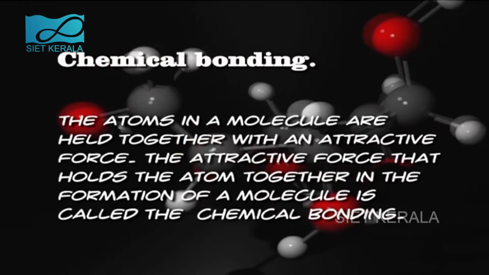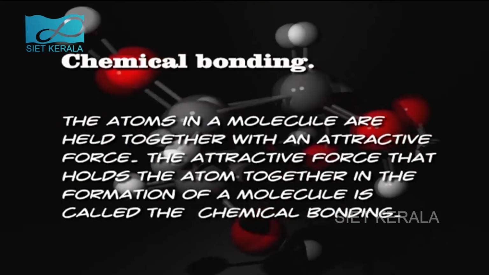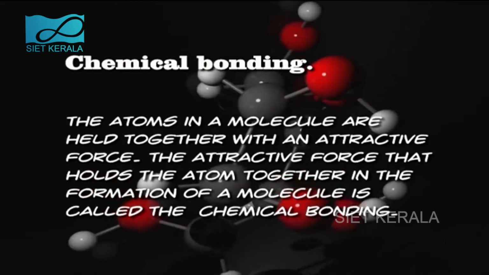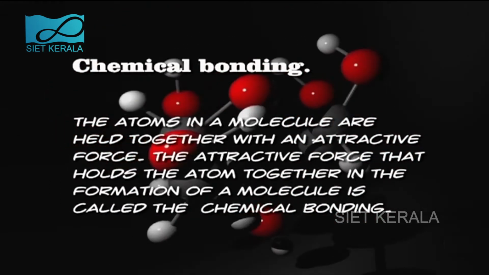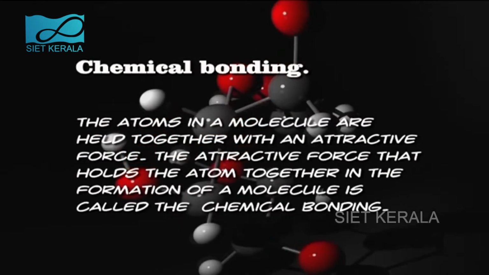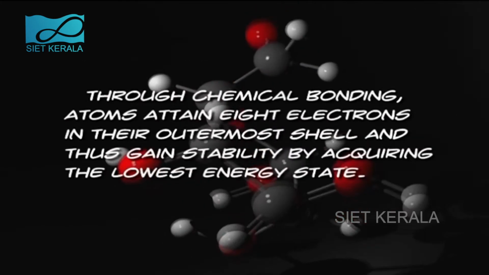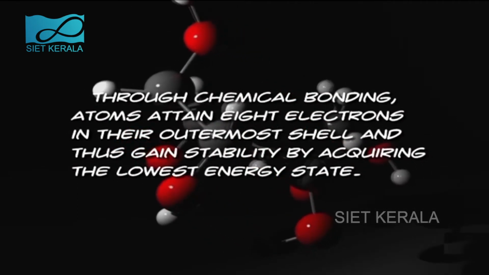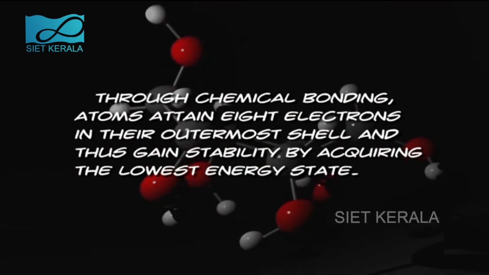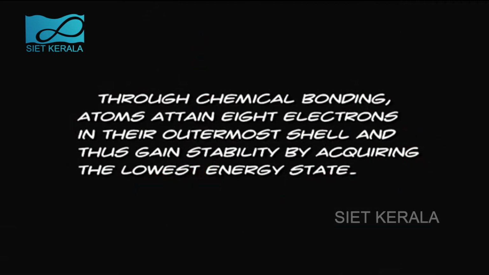The atoms in a molecule are held together with an attractive force. The attractive force that holds the atoms together in the formation of a molecule is called chemical bonding. Through chemical bonding, atoms attain 8 electrons in their outermost shell, and thus gain stability by acquiring the lowest energy state.